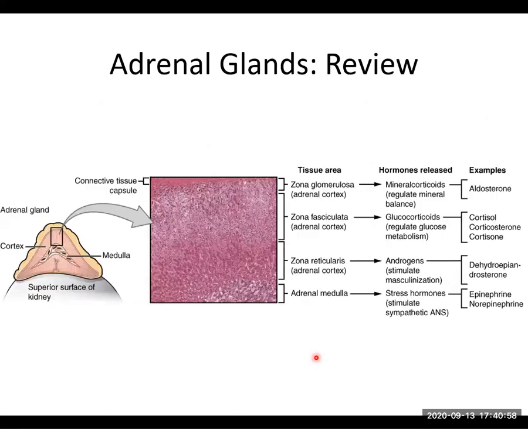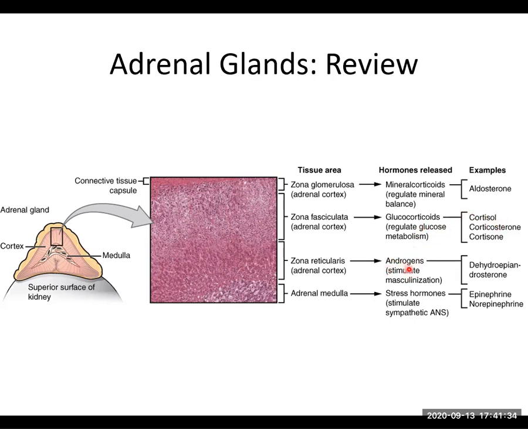So this table is a good reminder, review or summary of the adrenal glands. You need to know the GFR and the hormones related to each zone: the mineral, the glucose, the androgen. And you also need to know the major hormone in the mineral zone, aldosterone. In the glucose zone, the major one is the cortisol.